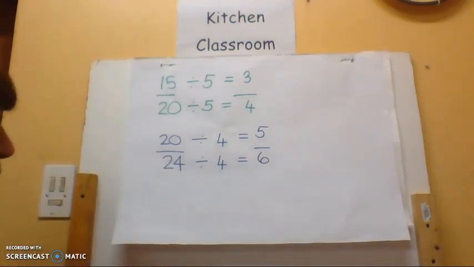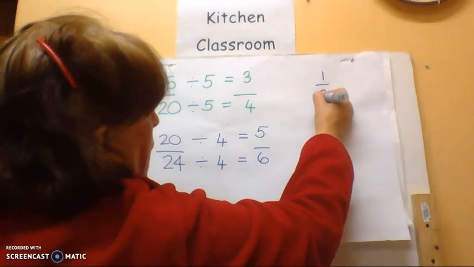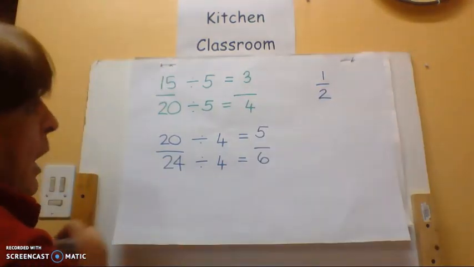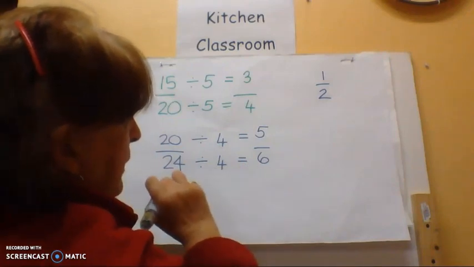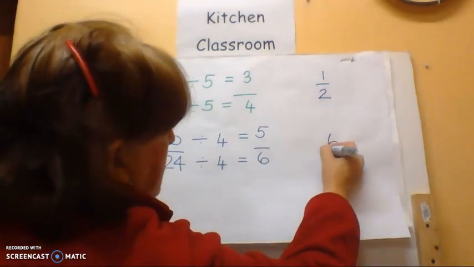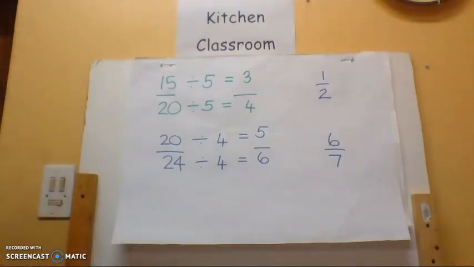Okay, now let's have a look at the fractions that we have dealt with today. In my previous screen, I dealt with a half, and we've got 3/4, 5/6, and there was also 6/7. Now, all of these fractions are in their simplest form, and I want you to look carefully.